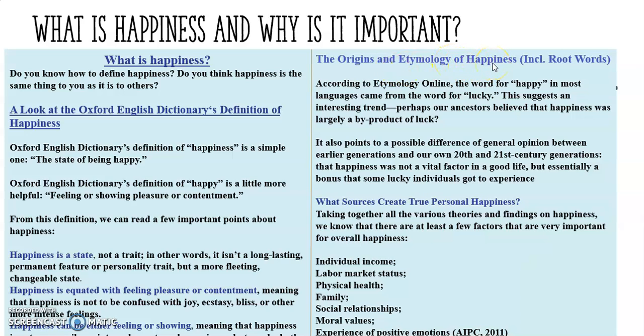So the word, what is the origin of the word happy? Finally, you will find some sources, or the question, what sources create true personal happiness? So, for example, there are some theories that say that when we are happy is when you have individual income or physical health or the family makes you happy, etc.